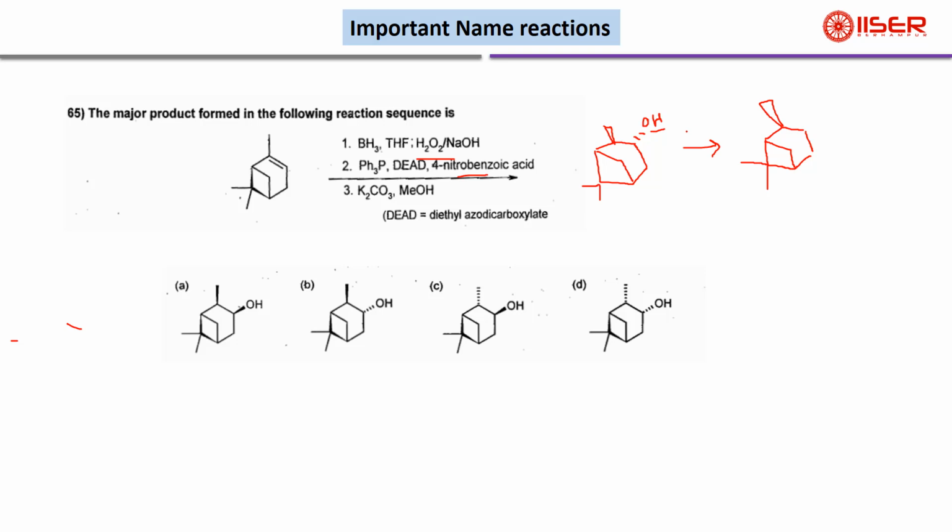So this OH will be transformed into a, now this is not a good leaving group, this is a bad leaving group. Okay, OH. Now in presence of PPh3 and DEAD, it becomes a good leaving group.